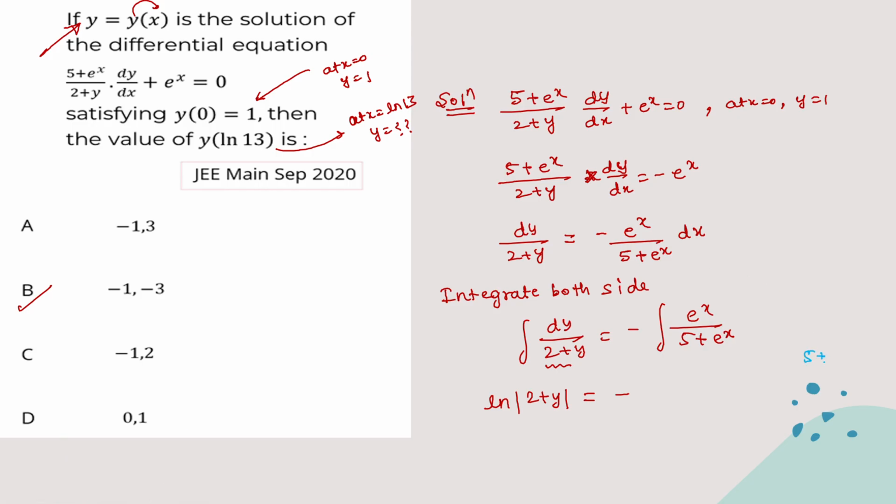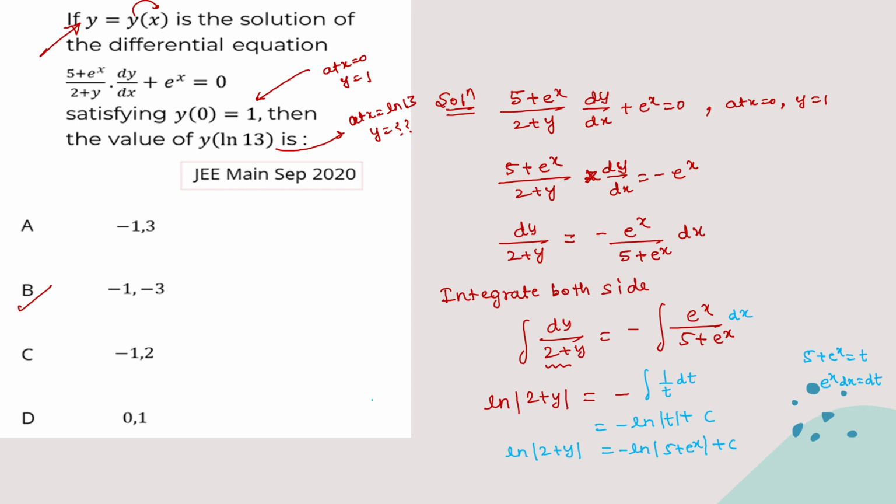If you take 5 + e^x as t, then e^x dx becomes dt. So it becomes simply -ln t + c. Apply the modulus and then replace the value of t, that is 5 + e^x, plus c, and on the left side you have ln|2 + y|.